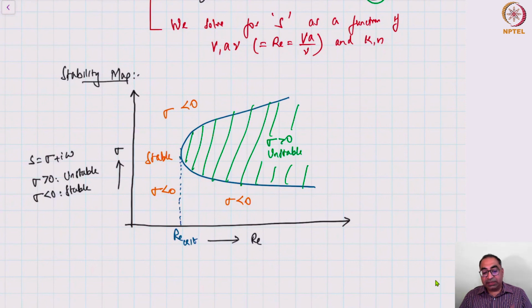If there is a control parameter in your problem, like the Reynolds number, then you can come up with a stability map, which tells you the regions of stability and the regions of instability. If you want to see a flow in a laboratory setting, you can only see it in a stable configuration.